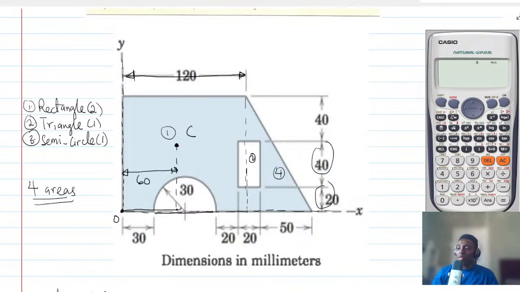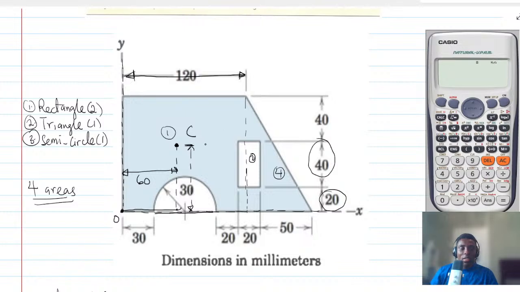So please take notice of this. You realize that if you move from the origin towards the y, who can tell us the distance? Now if you look at the shape very well, from here to here is 20, it's not exactly 60, and then this one is 40.